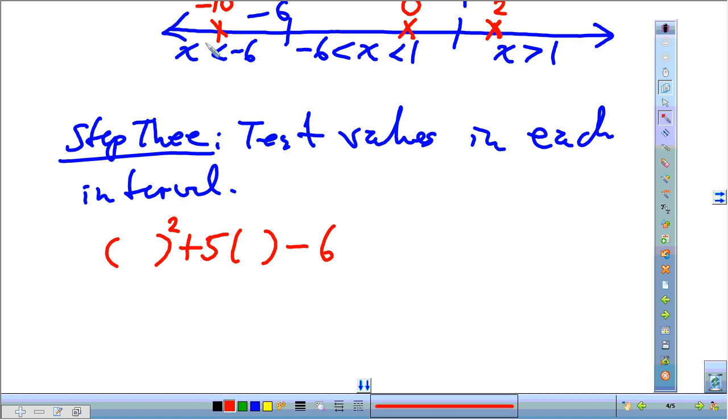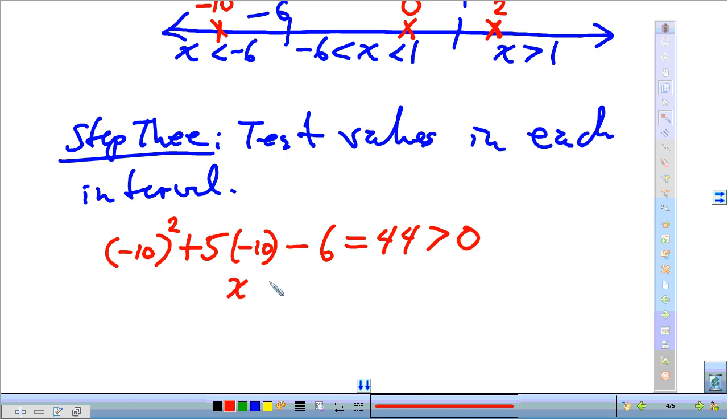I'm taking x squared, but now if I look at my one test value, minus 10, what happens? We get 100 minus 56. So we get a positive value. Well, that's what we were supposed to find.